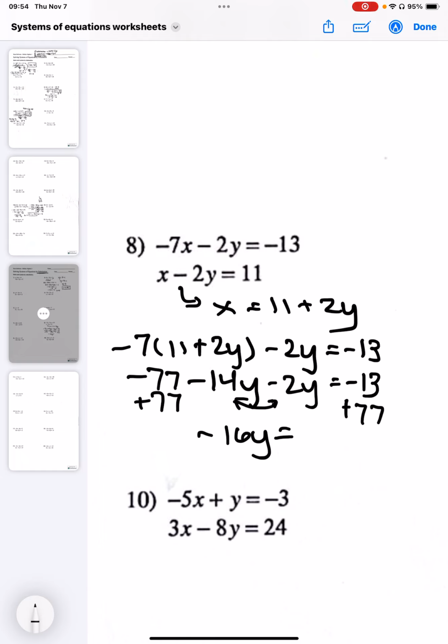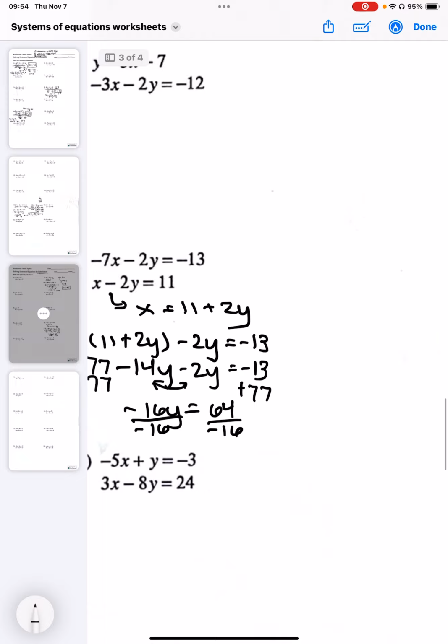brain working on slow speed. It's going to be 64. Okay. We divide both sides by negative 16, and our y is equal to negative 4.